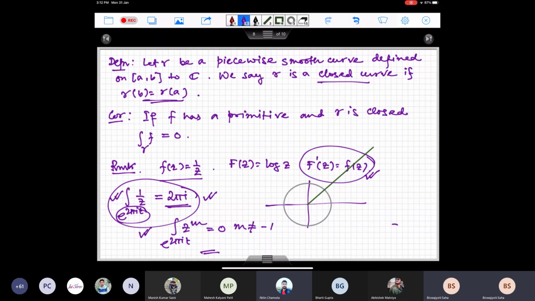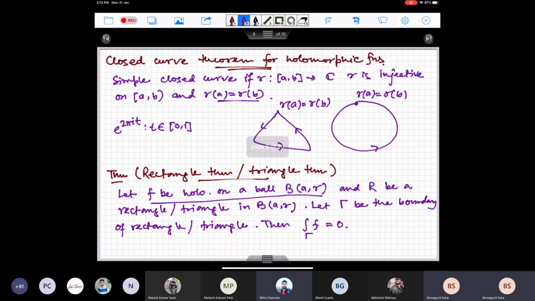At this moment I am starting out with rectangles and triangles. Later we will see something else as well, but take my word that for functions like 1 upon z or 1 upon z square, this particular theorem is not applicable. As I said, I have started with the closed curve theorem for holomorphic functions.